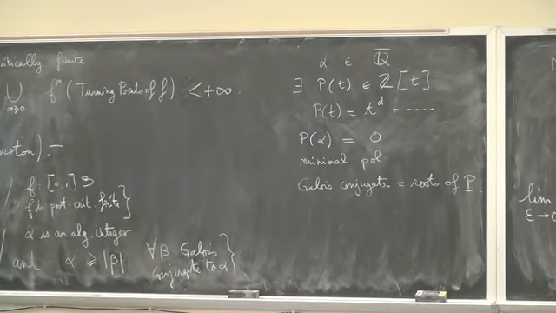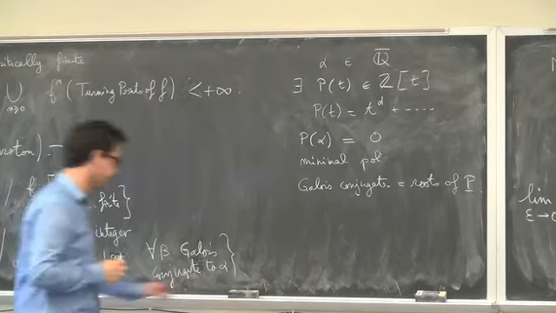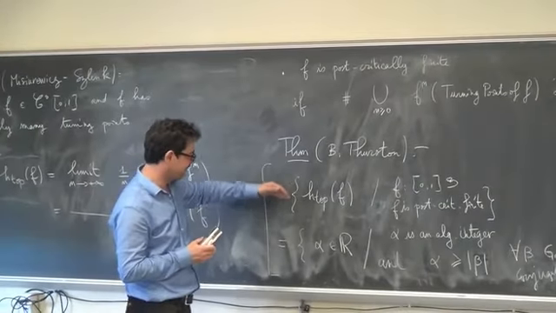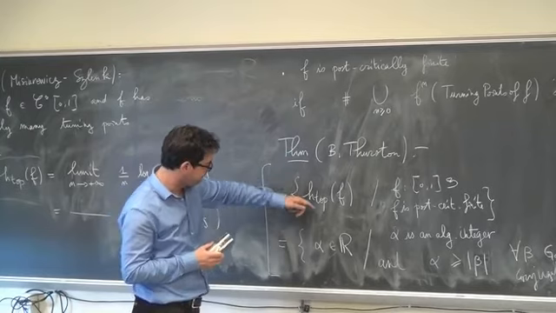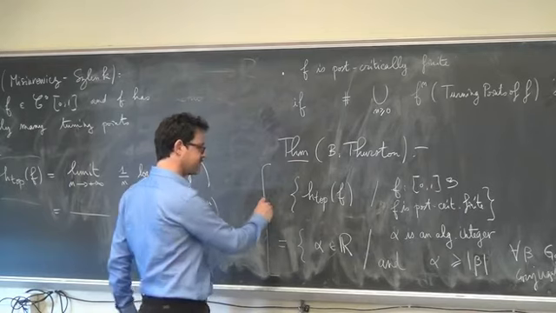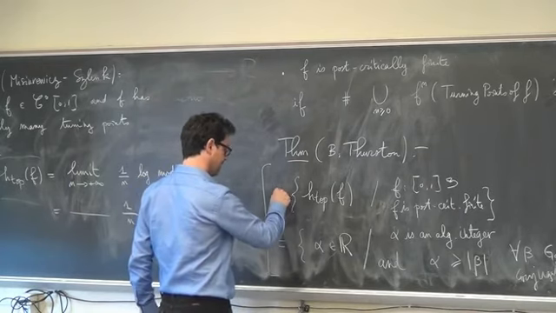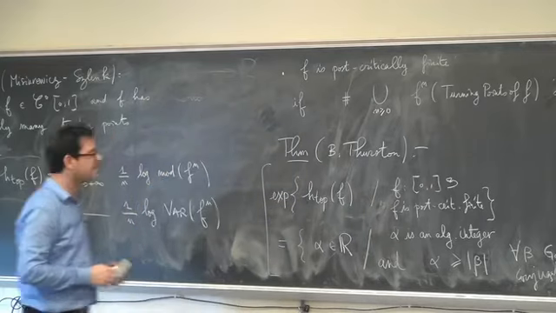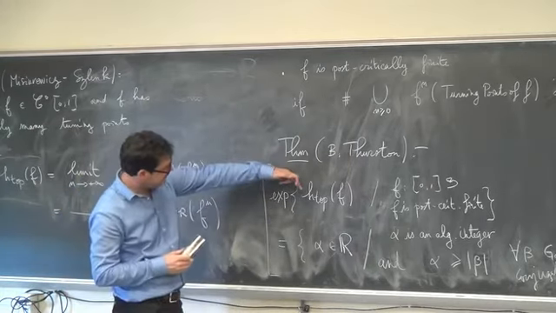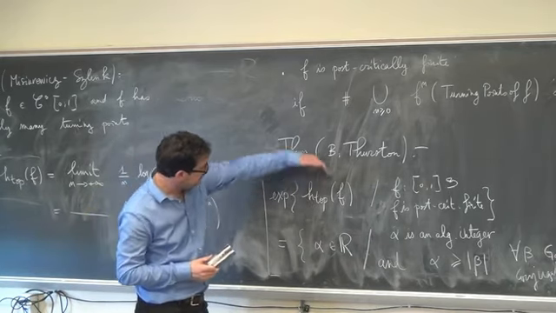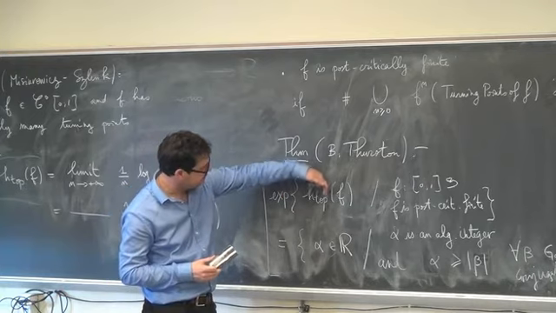So I want to describe, not the proof, but one step, the easy direction. So I want to say a few words about why the exponential of the topological entropy is such a number.